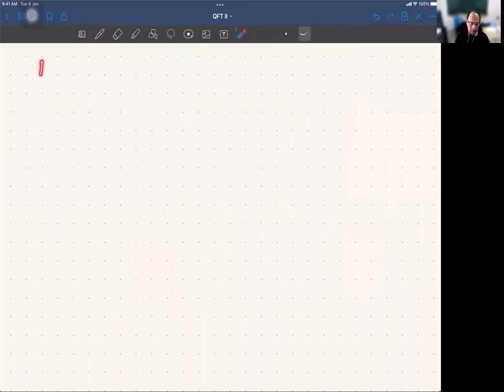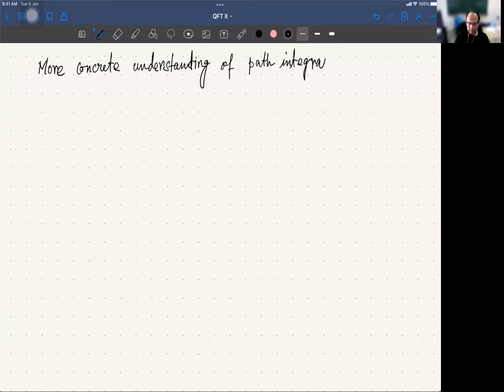So let's discuss a more concrete understanding of the path integral. More concrete means using whatever we know how to calculate in Schrodinger theory.